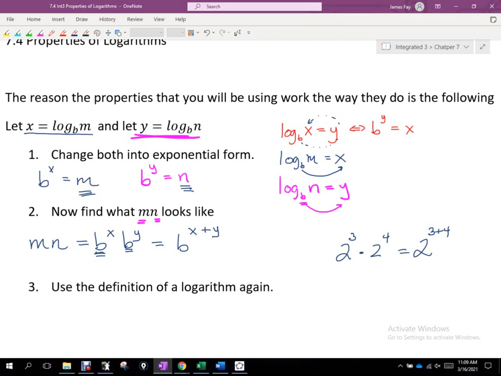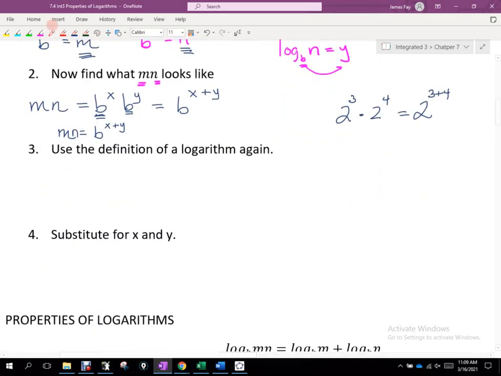So now what we have is that mn is equal to b to the x plus y. Everybody all right with that? mn equals, should have written right here, b to the x plus y.